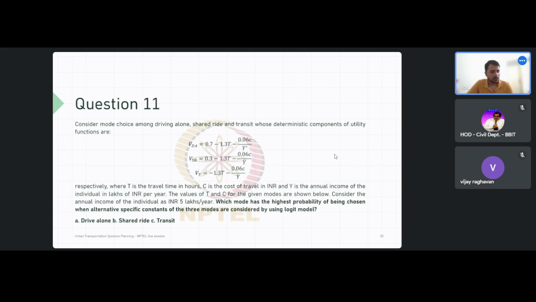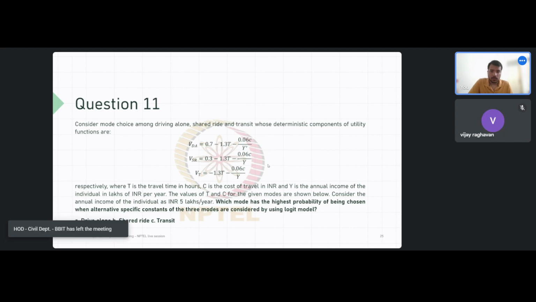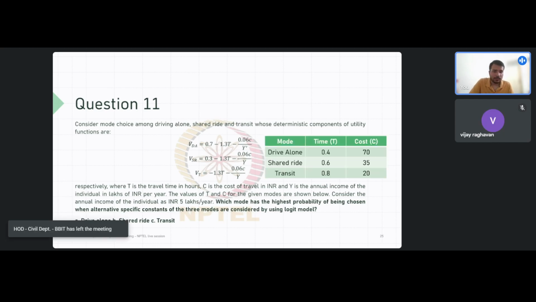So you can try this. Since I taught the formula multiple times, you can try and let me know the answer. So we have the equations. Just a second. The video, one more slide. Yeah, so we'll have the table. So here the time and costs are given.